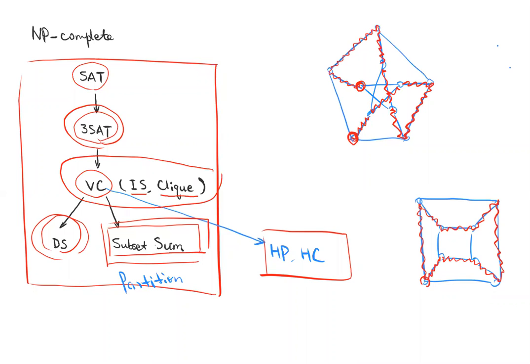The tutor gave you a reduction between subset sum and partition already, so partition is also NP-complete. We want to partition a set of numbers into 2 parts with equal sum. That's called partition. And also Hamiltonian paths and Hamiltonian cycles. All right. So these are the basic NP-complete problems.